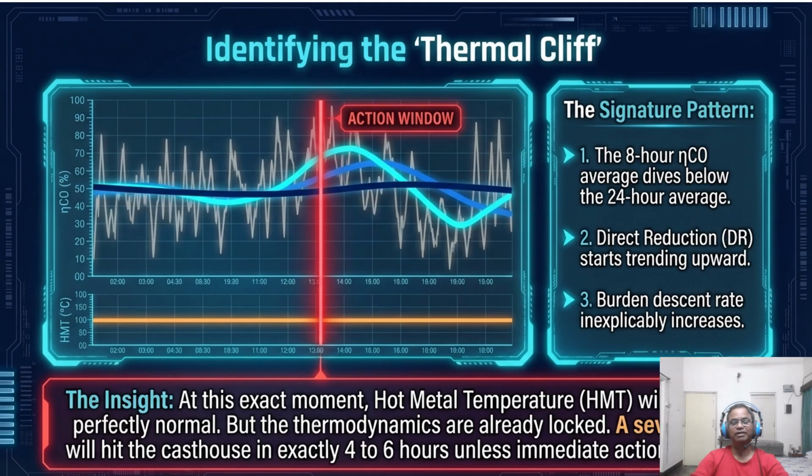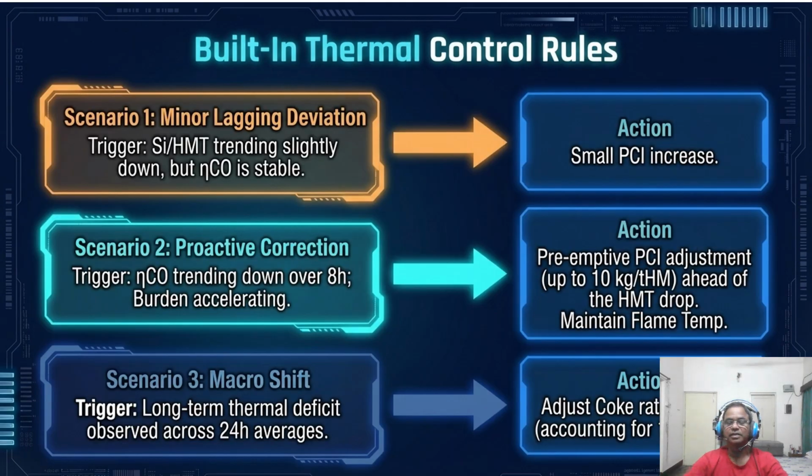We have standardized it into three scenarios. Built into the thermal control rules, we have three main scenarios. In scenario one, if silicon or hot metal is trending down but it is stable, it's just a minor deviation, and a small PCI increase fixes it.